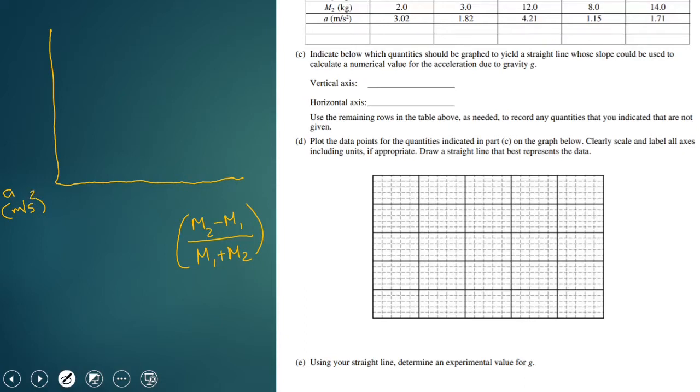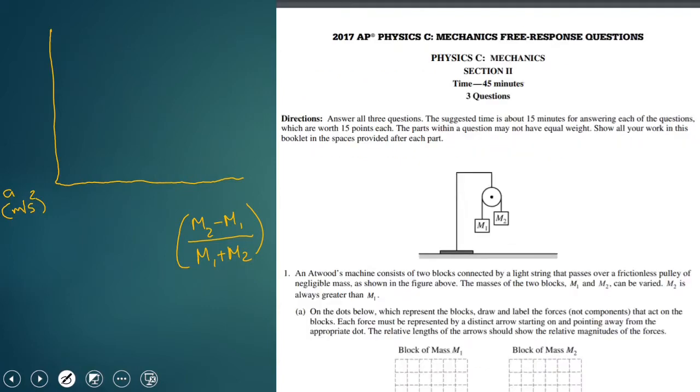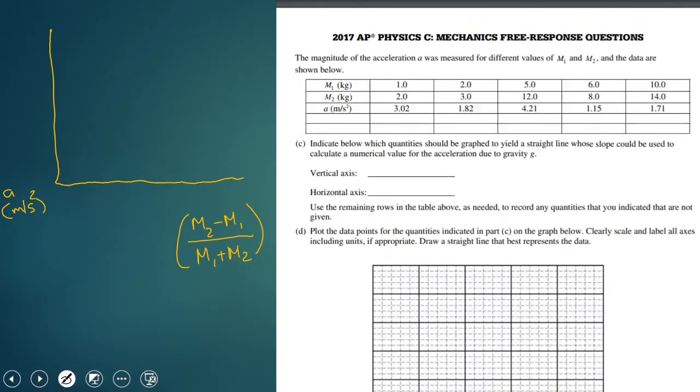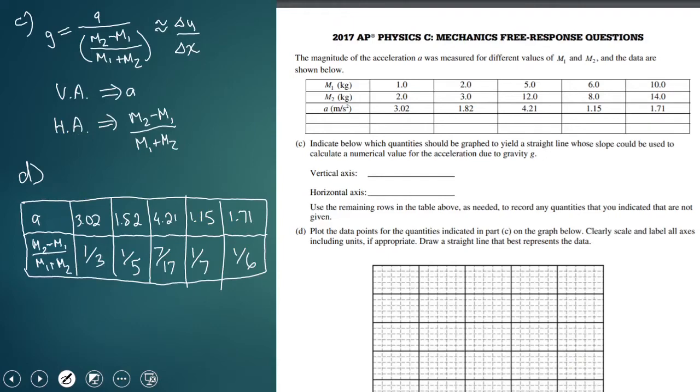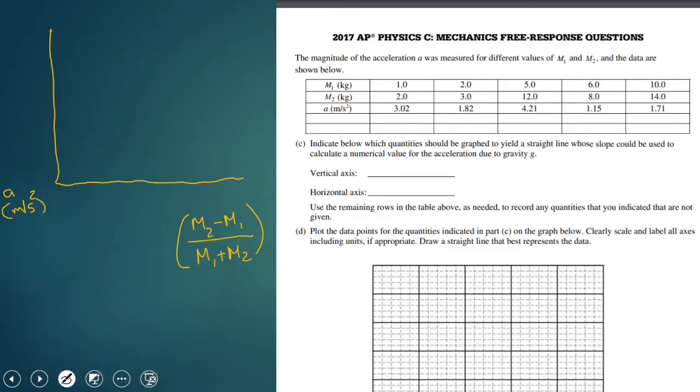In terms of our units, so when you look at our acceleration values, we have a range from 1.15 to 4.21, so basically from 1 to 5. So that's what I'll do. So this will be 0, this will be 1, 2, 3, 4, and 5.